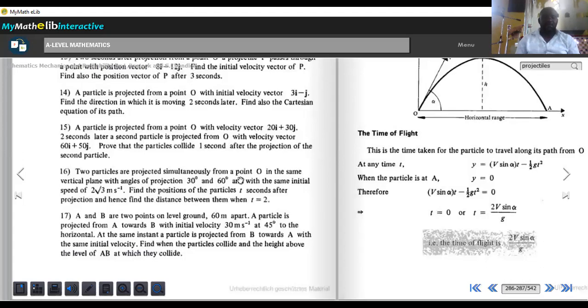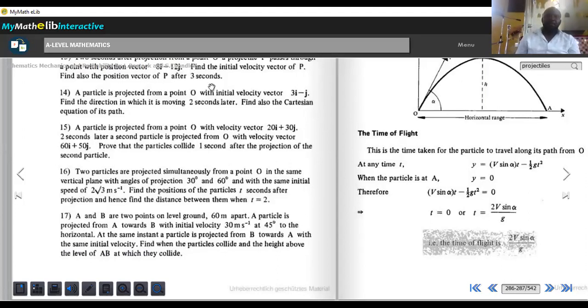So 16 and 17, which number should I try out? Seventeen. 17, eh? Okay. Let me take a screenshot here so that I can read it from this side.